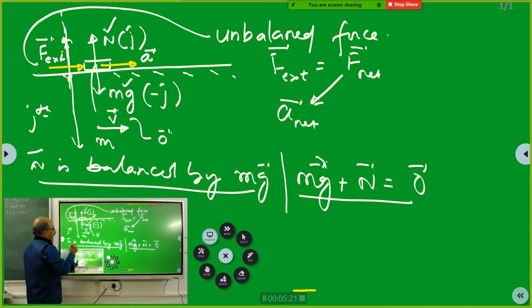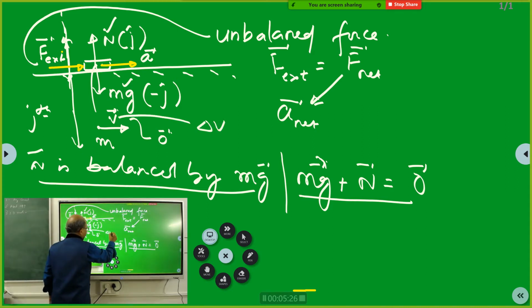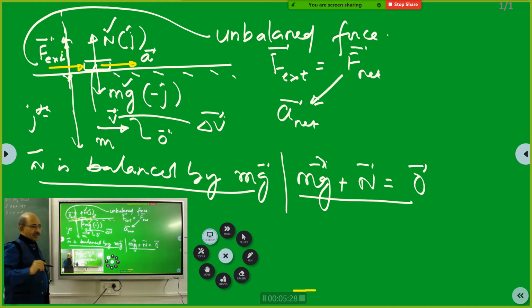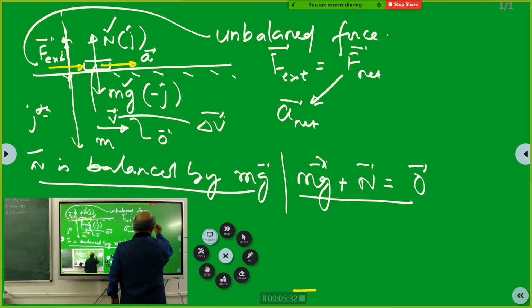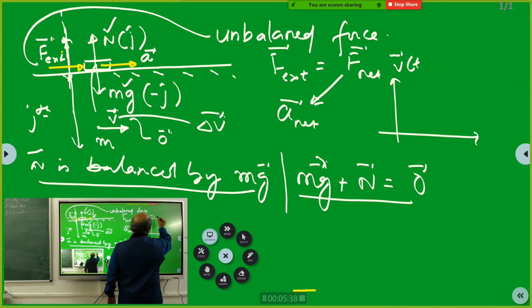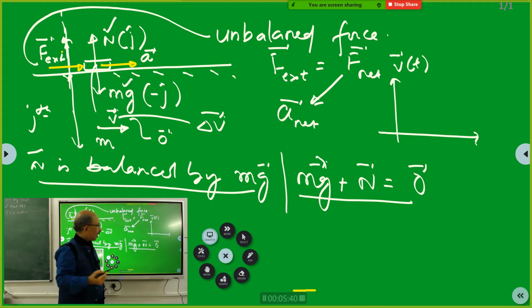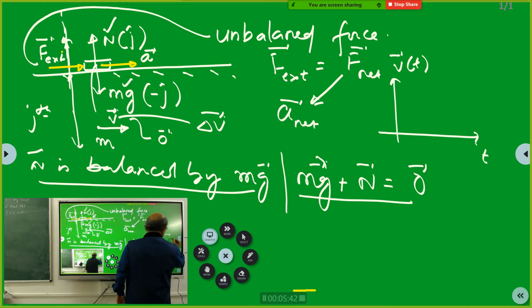And when force vector acts, this velocity vector undergoes a change. Correct? If you remember in the last class, I said V bar of t. If I write V bar, it is understood it is V bar of t versus t. I showed it like this.